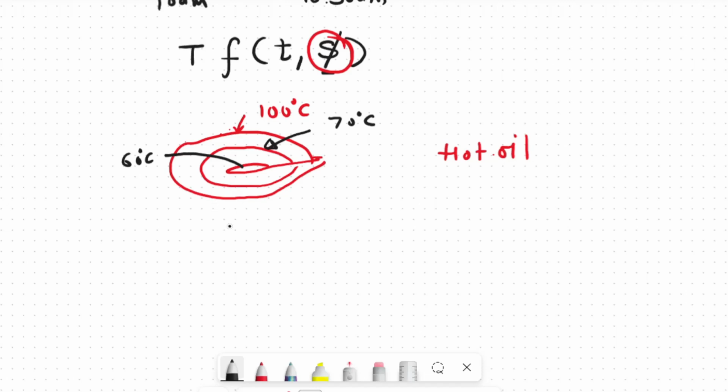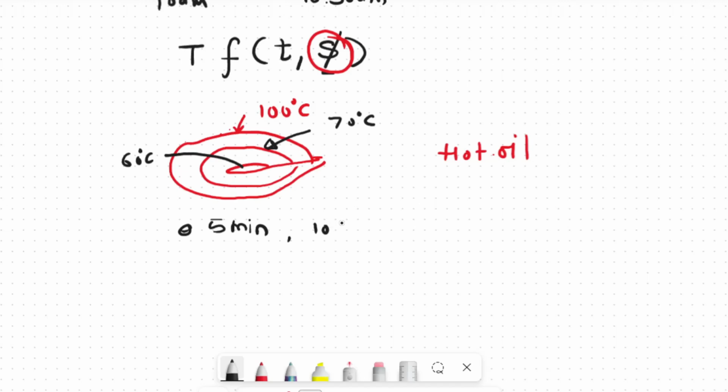Suppose I measure the temperatures at 5 minutes after removing from the oil. I found these temperatures: at the surface 100 degrees Celsius, at the second layer 70 degrees Celsius, and at the third layer 60 degrees Celsius.